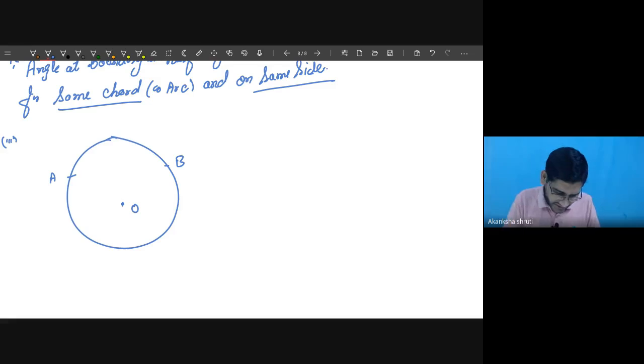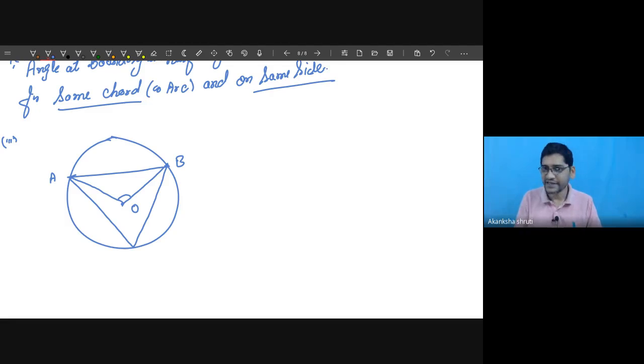A student, in this case, joining A to O and O to B, one angle forms at the center, it appears like this one, okay? And other one may think for this one, yes, it's good, but it is exactly same as the earlier one. So this is like our alpha, this is like our theta, okay? So here also alpha is equals to twice of theta.